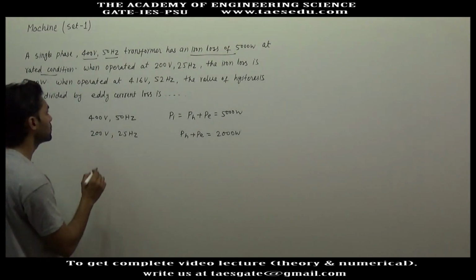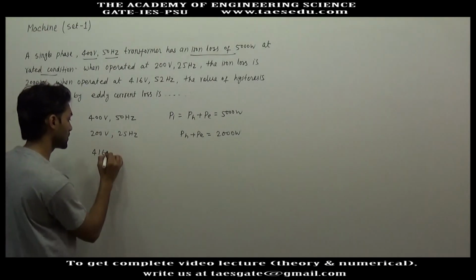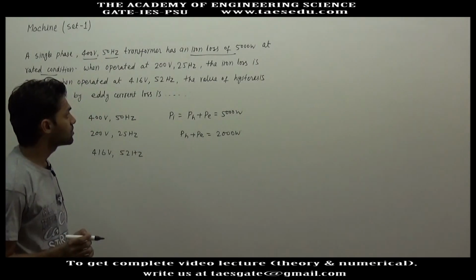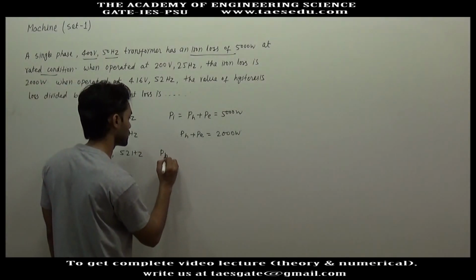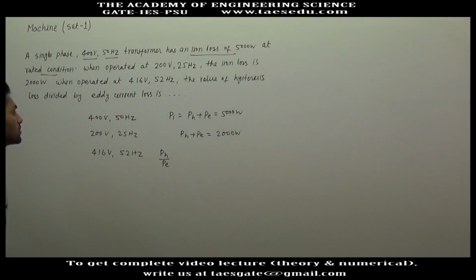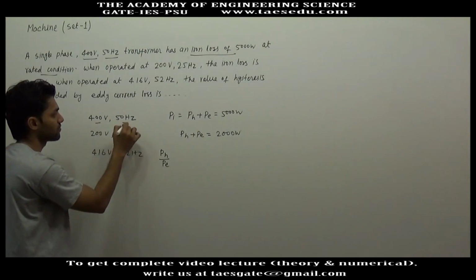And we have to find out, when this transformer is operated at 416 volt and 52 hertz, the ratio of hysteresis loss divided by eddy current loss. Okay, so the conditions are given in terms of voltage and frequency.